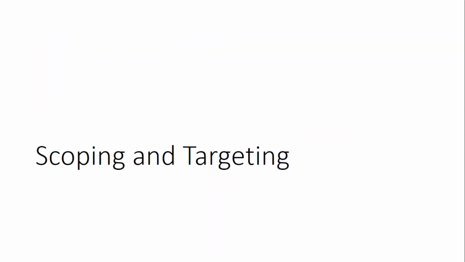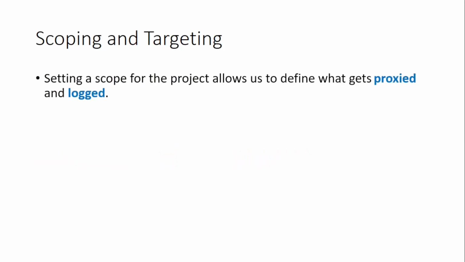So another thing which is really important, after the proxy, is scoping and targeting. So scoping, or setting a scope for the project, allows us to define what gets proxied and logged.